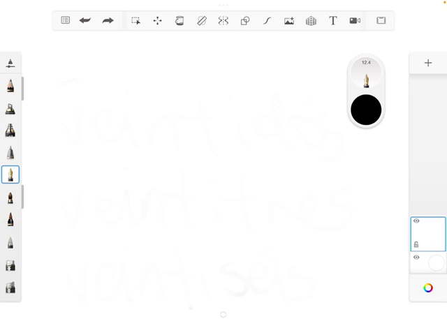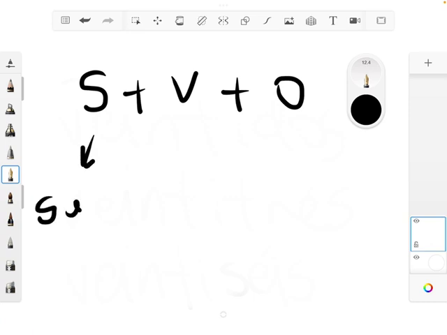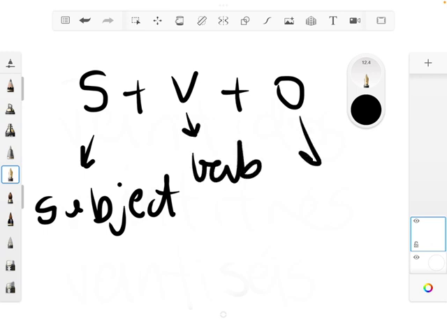Now, when we talk about verbs, we're going to need to talk about how they relate to the other words in the sentence, and how their relationship with the subject works. In pretty much every given sentence, we're going to have this pattern where we have the subject, the verb, and some sort of object.